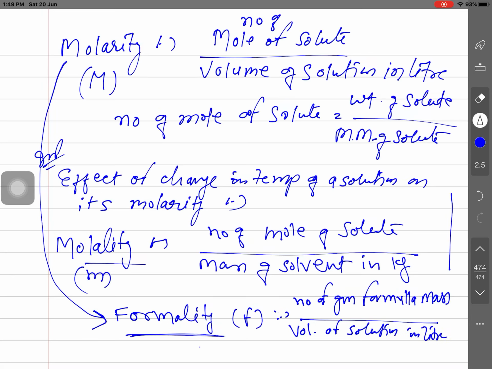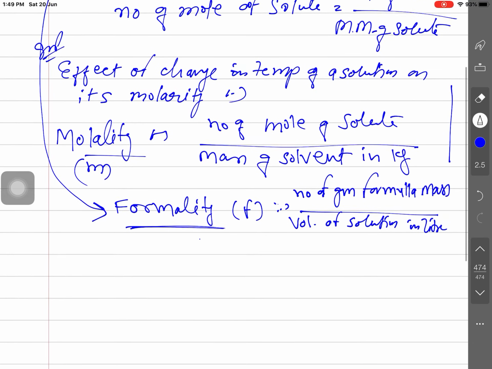What is the major difference between molarity and formality?